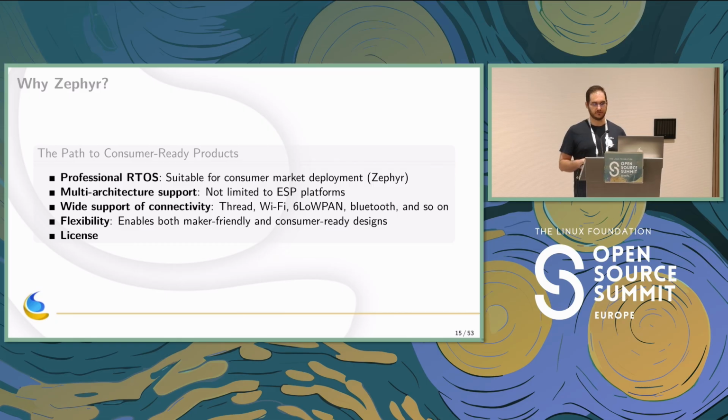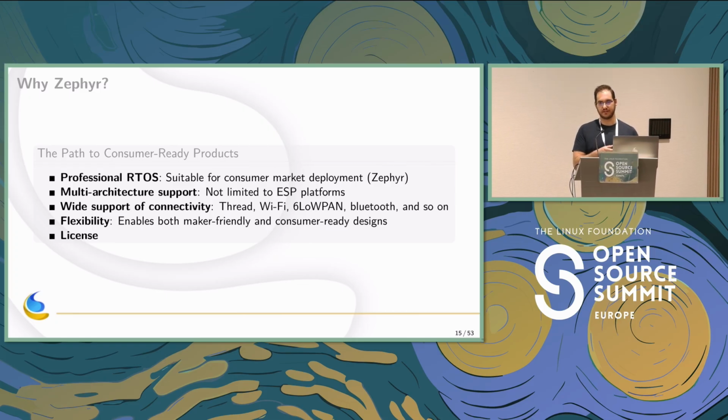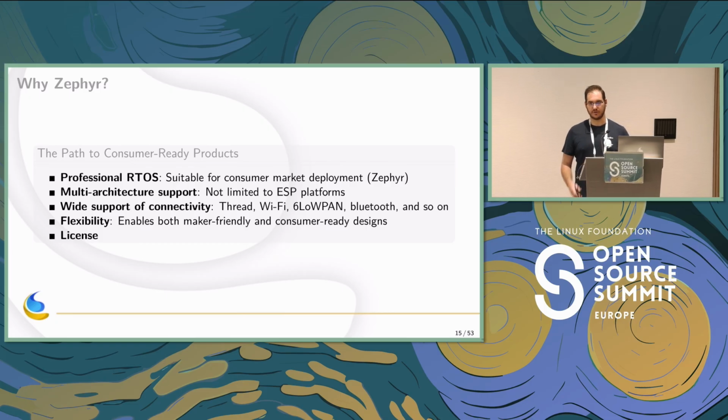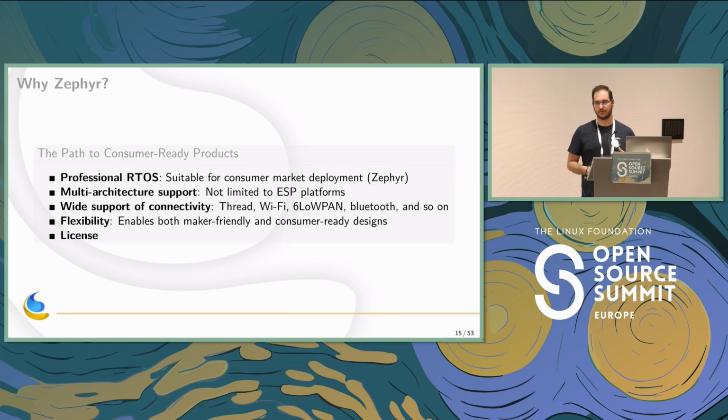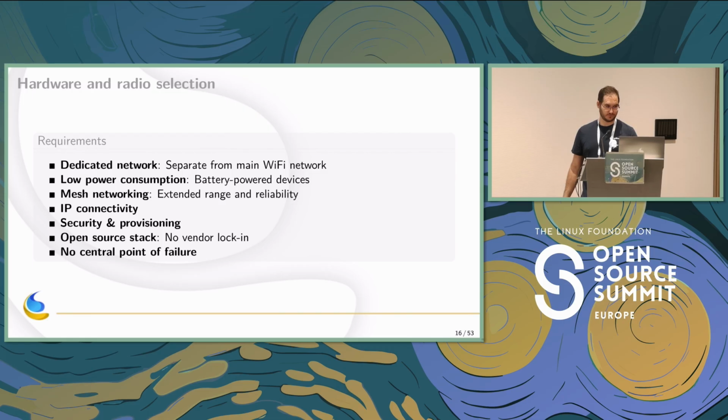So it's really awesome for that. You could easily design a product for home automation with almost everything Zephyr already supports. It also provides a lot of libraries such as JSON, CoAP, and things like that. And it's open source.